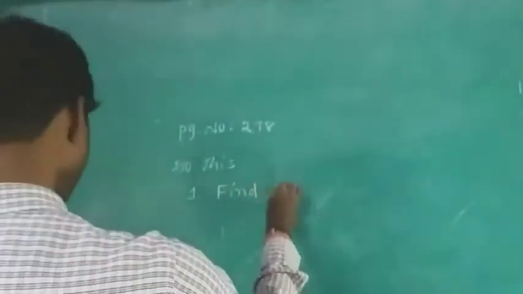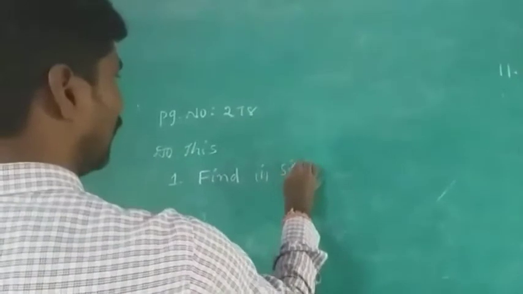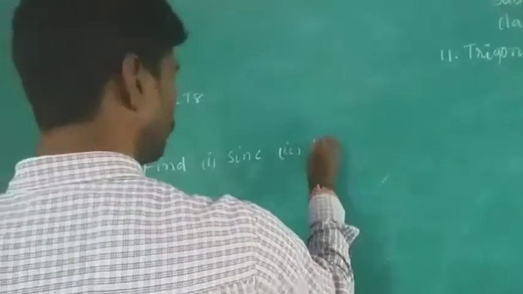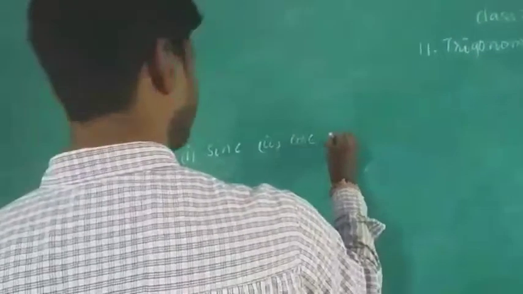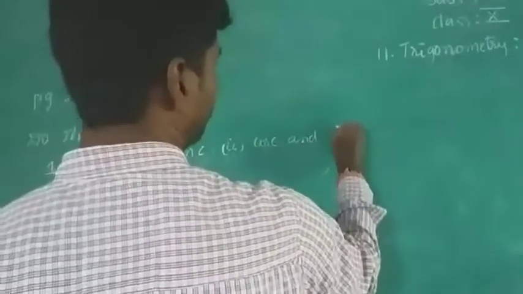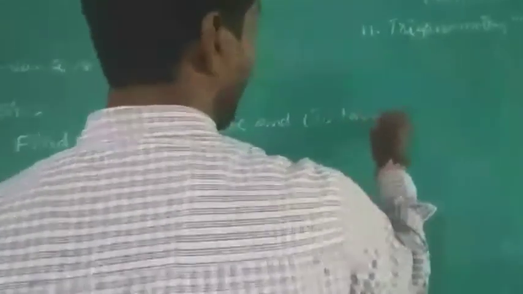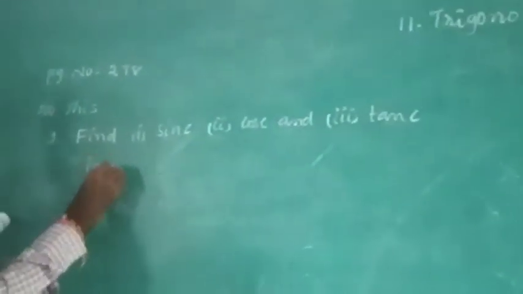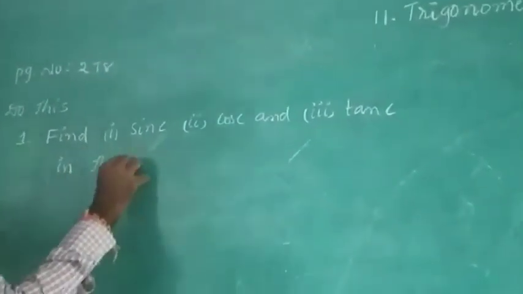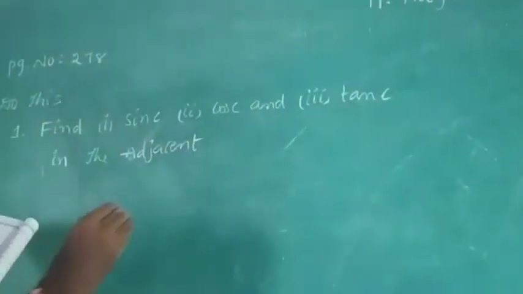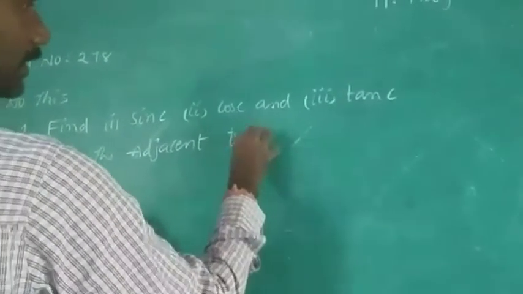Find sin C, second one cos C, and third one tan C, in the adjacent triangle.